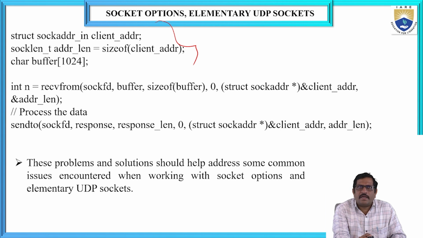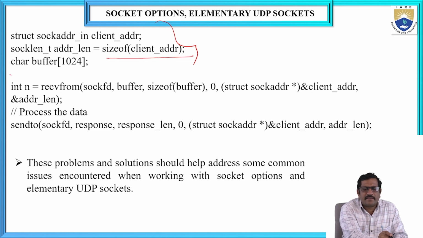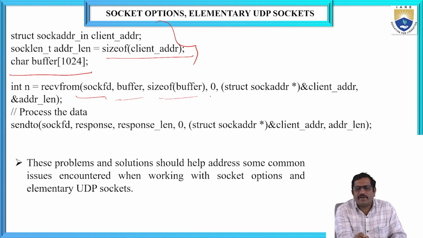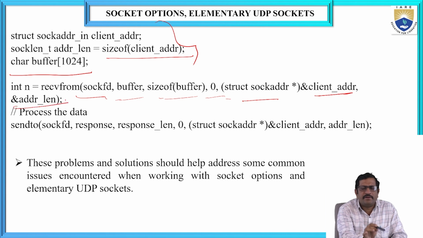The code is: struct sockaddr_in client_addr; socklen_t client_len, which is the size of the client address; char buffer[1024]; int n = recvfrom(sockfd, buffer, BUFFER_SIZE, 0, (struct sockaddr *)&client_addr, &client_len); then process the data.